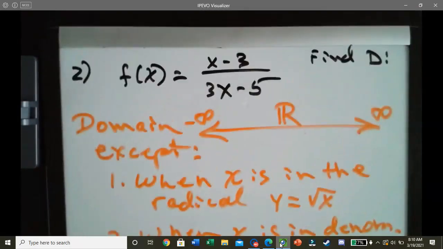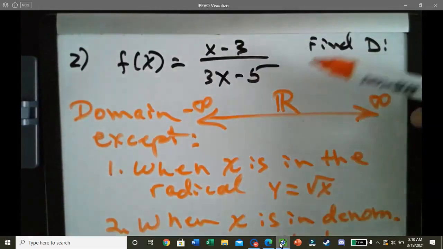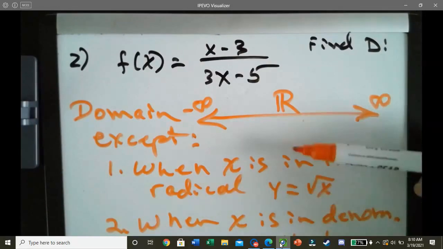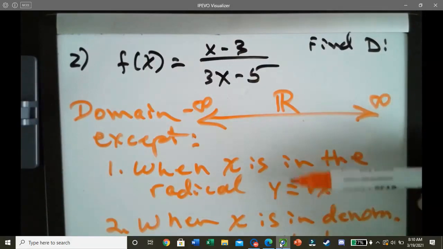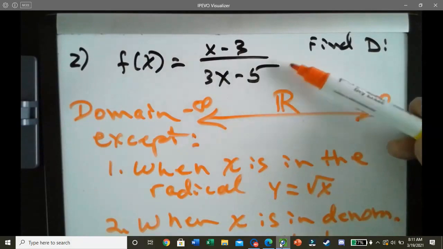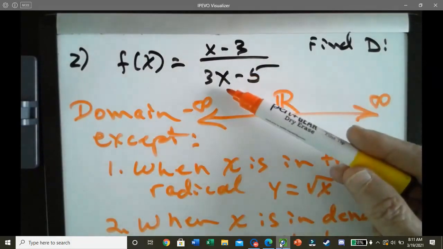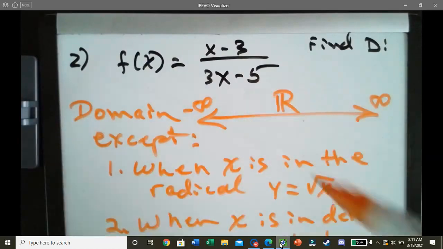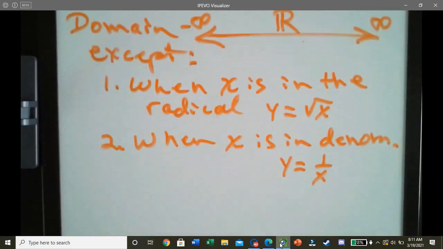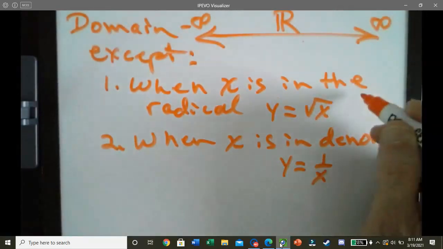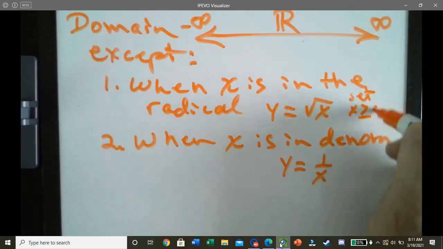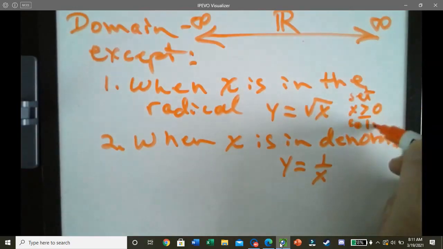So, looking at our function, do we have our function in one of these two categories? Yeah, when x is in the denominator, right? X is in the denominator here, 3x minus 5. So we don't have all real numbers, right? So in that case, when it's in the radical, we set it to greater than or equal to 0, then solve.